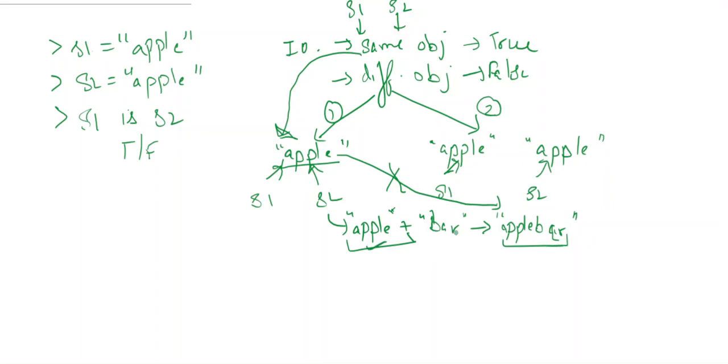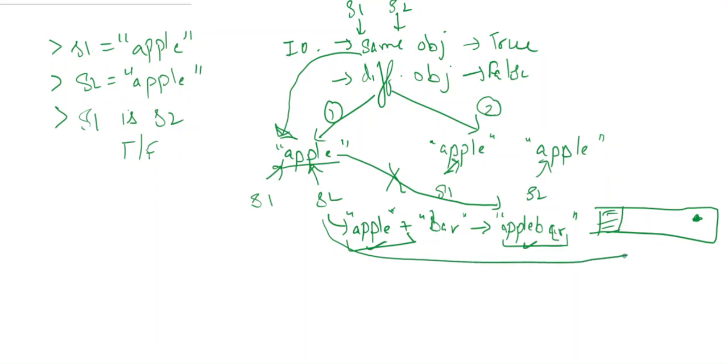This is string one, this is string two. These are two different strings, saved at different places in memory. Suppose string one is saved over here, then string two might be present at some other place. So in this case, s2 has modified the string and created a new string. So s2 is pointing to this and s1 is pointing to this, which still has the same value as before.